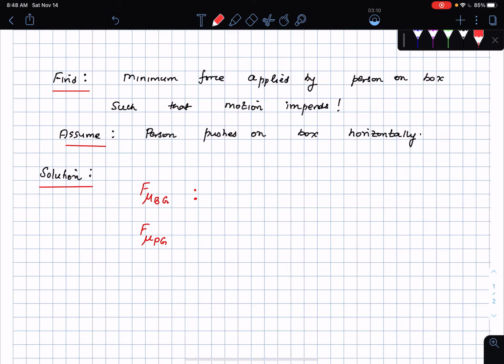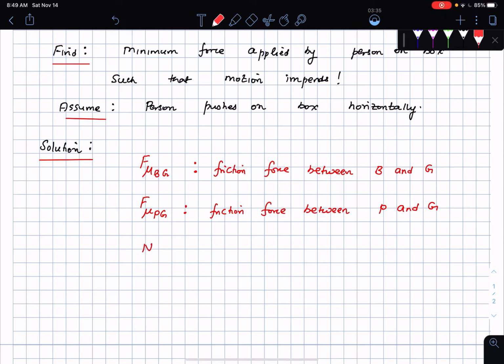This is the friction force between the box B and the ground G, and this is the friction force between the person P and the ground G. Likewise I have N BG and N PG: the normal force between the box and the ground, and likewise the normal force between the person and the ground.